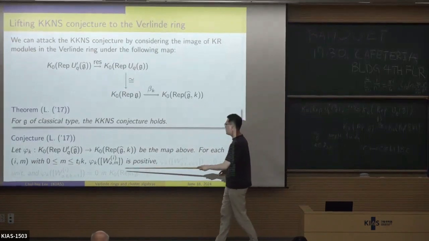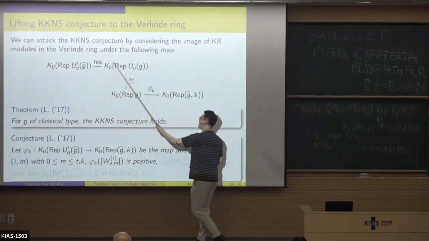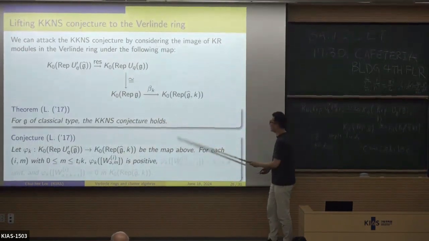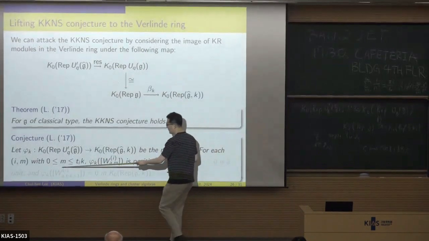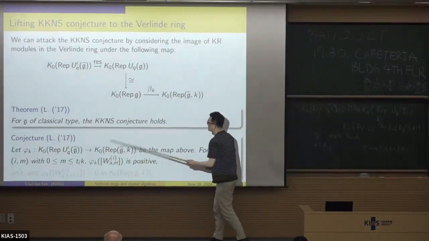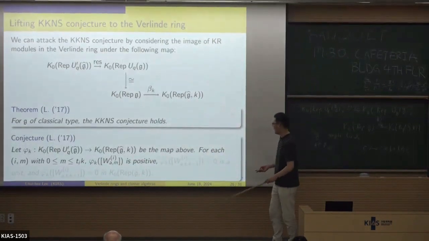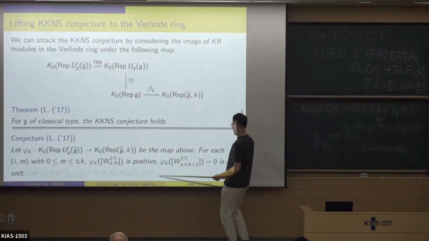For Kirillov-Reshetikhin modules, the Kirillov-Reshetikhin module lives here, and we take all compositions, and this is the distinguished G basis, and what happens is for certain parameters, for certain m, we get positive elements here, and it becomes 0 at a certain line.